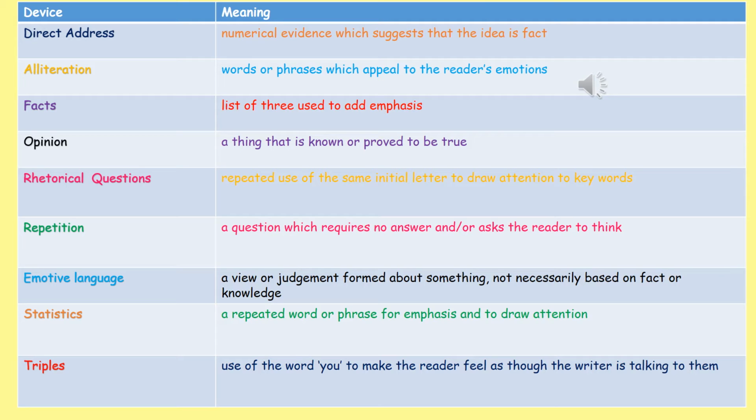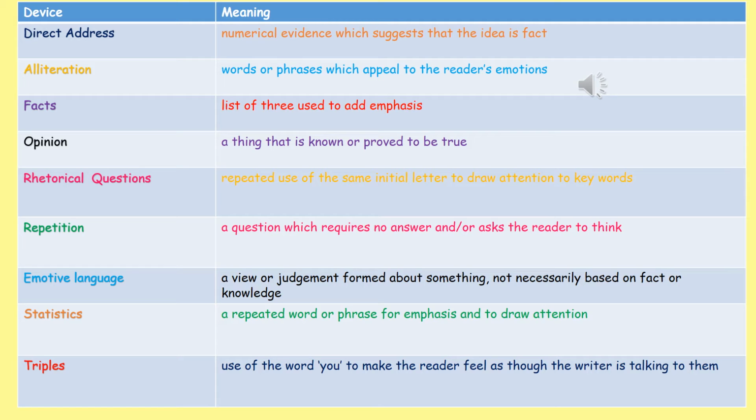Rhetorical question, a question that requires no answer but gives the reader time to think. Repetition, when something is repeated to draw attention to it, when it maybe is specifically really important.